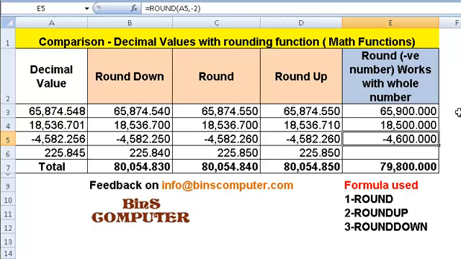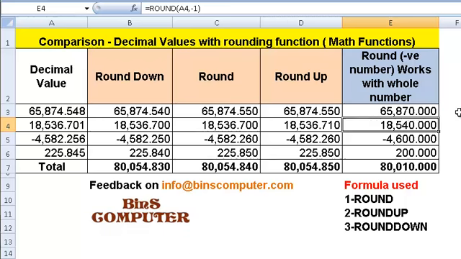Similarly, 225 is converted to 200, because 25 is less than 50.